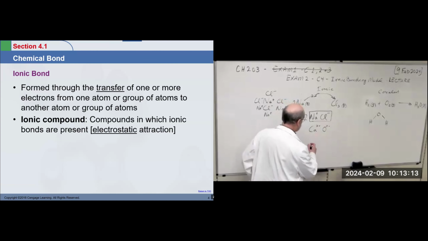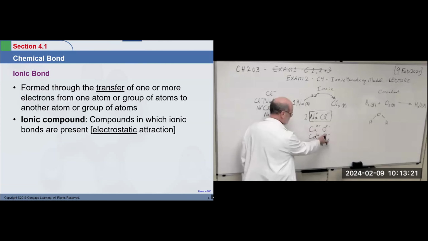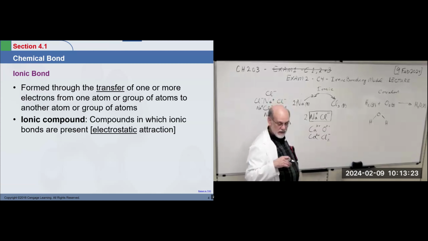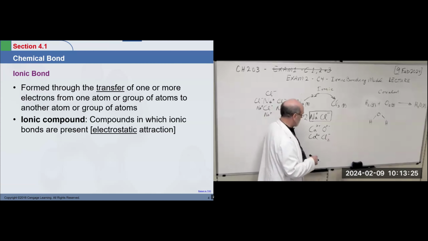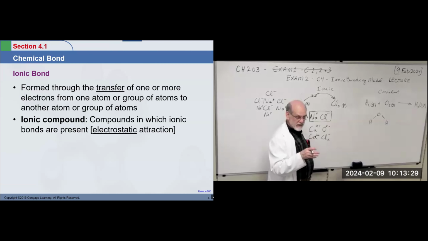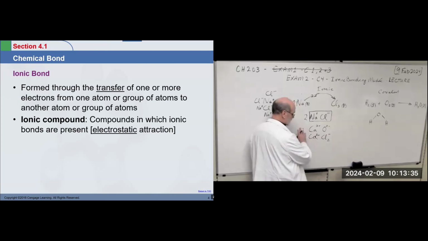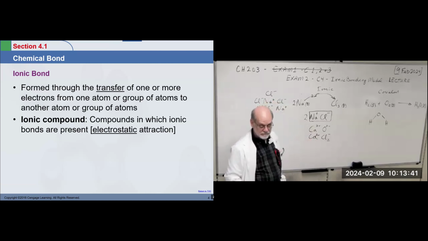But if we had, maybe instead of oxygen, calcium chloride, it would take 2 of those to give you the simplest whole number ratio. And for ionic compounds, we calculate that simplest whole number ratio by balancing the charges. We come out with net zero charge. So 2 pluses and 2 minuses balance each other.